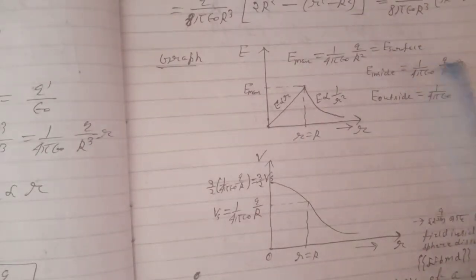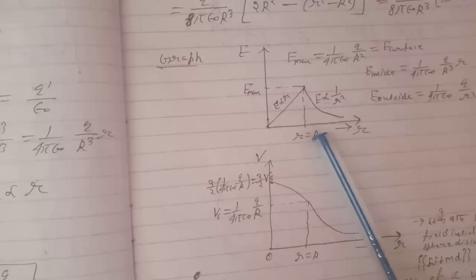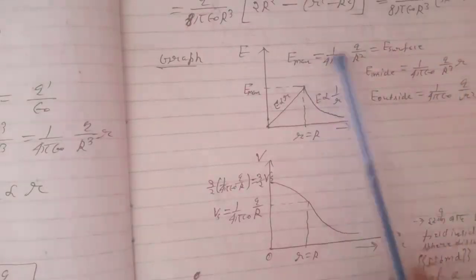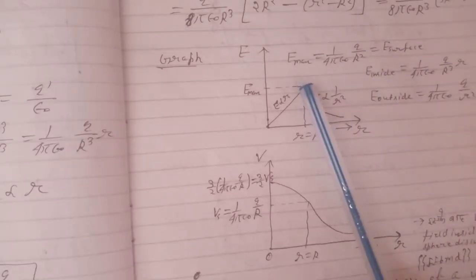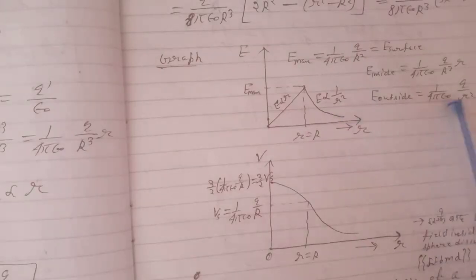This will be a straight line, that is E is directly proportional to r, so this will be a straight line. Now at r equals R, it will be E maximum, 1 by 4 pi epsilon naught q by R square, at the surface this value will be maximum, and outside the point this will be given as 1 by 4 pi epsilon naught q by r square.